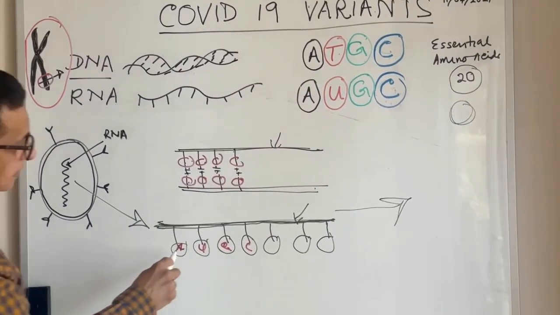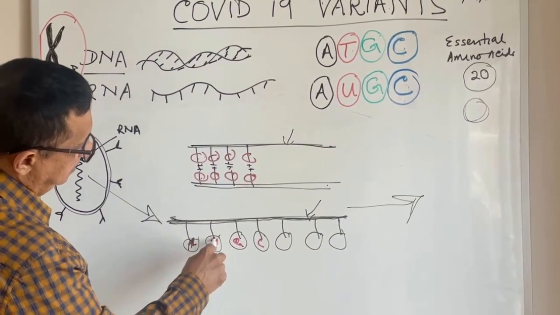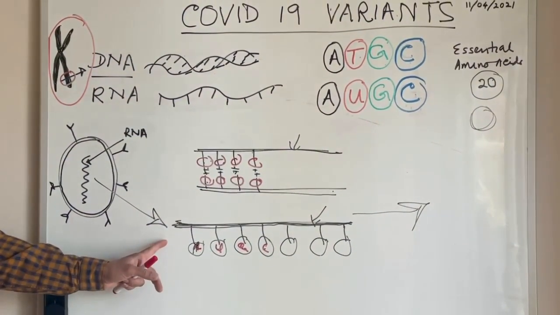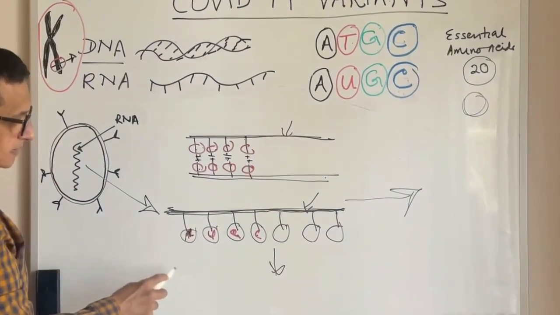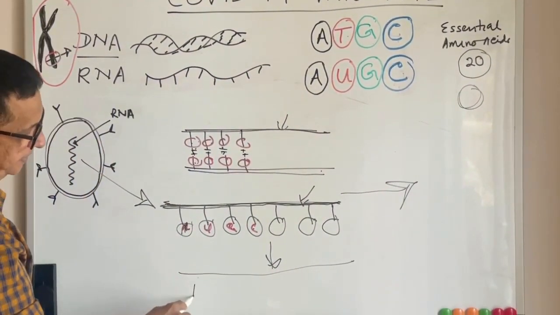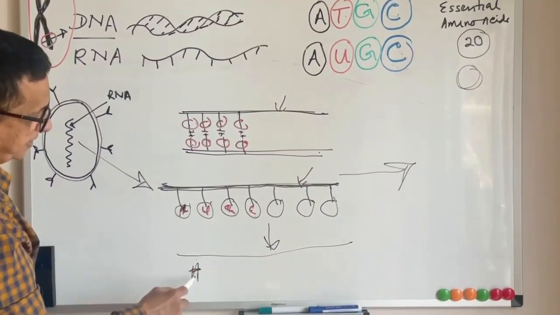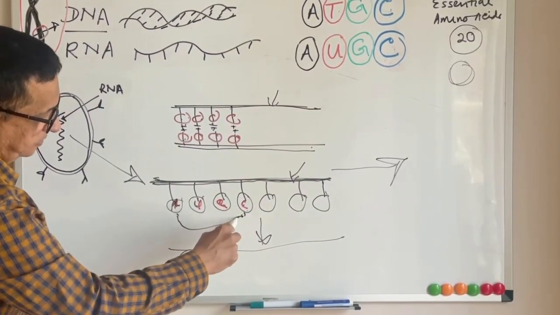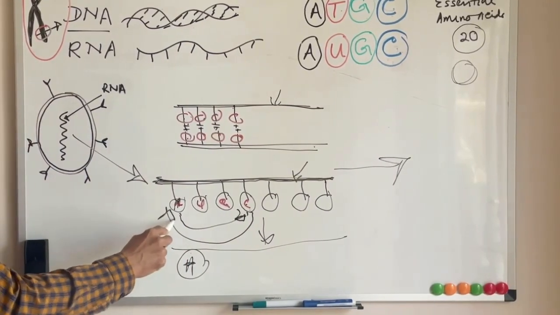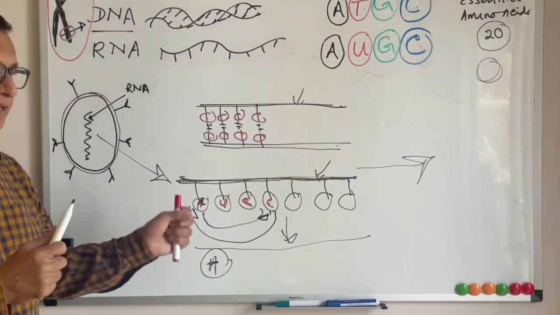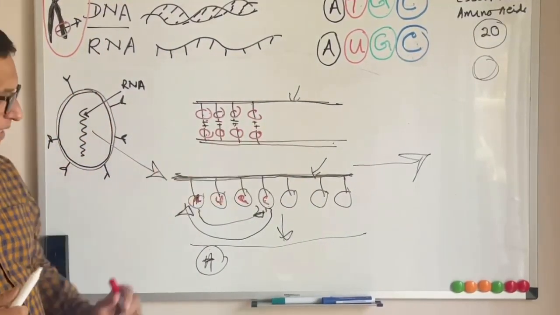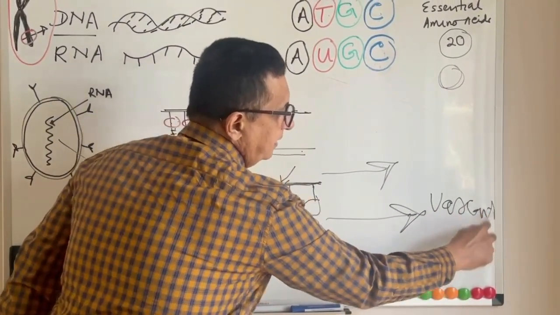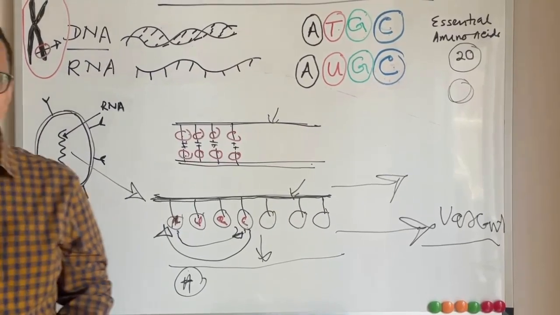For an example, if you have adenine, uracil, guanine, cytosine here in this generation, and when it goes to the other generation, instead of this adenine, cytosine comes to this place and adenine goes to this place, by the constant battle of the virus replication with the host cell, this becomes a variant and it causes a new mutation.